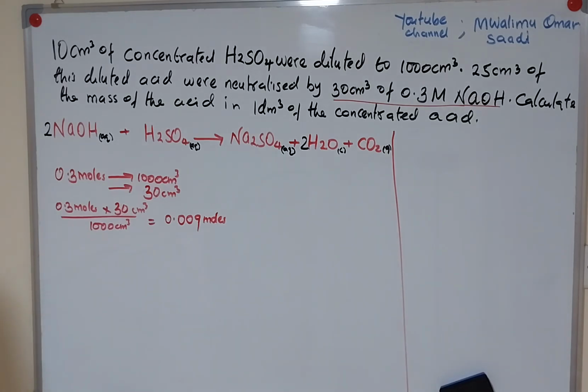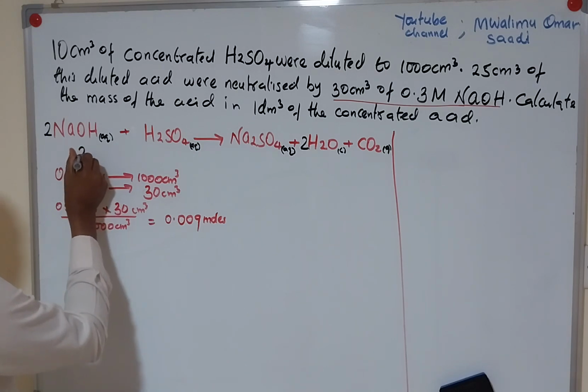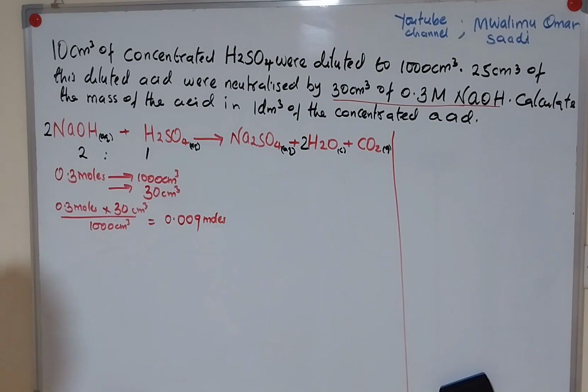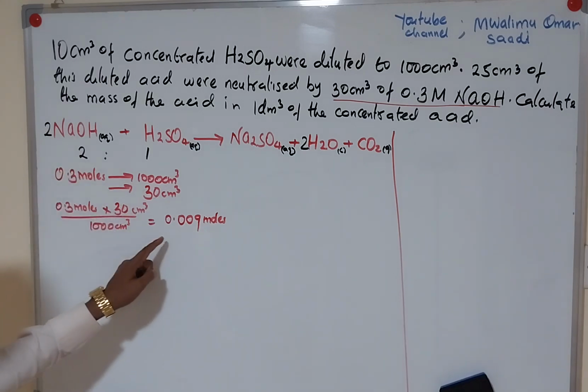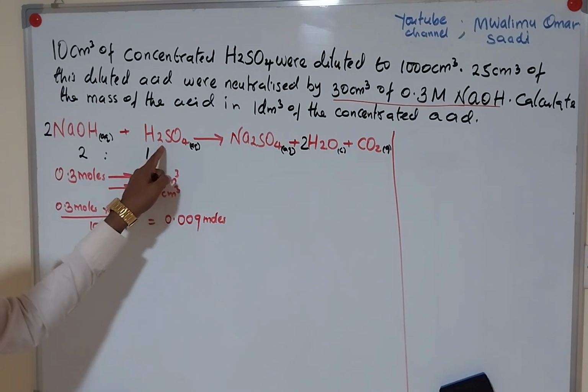So from there now, we can get the number of moles of sulfuric acid using the mole ratio. The mole ratio of sodium hydroxide to sulfuric acid is 2 to 1, which means now the number of moles of sodium hydroxide is 0.009 moles. So we can get the number of moles of sulfuric acid.